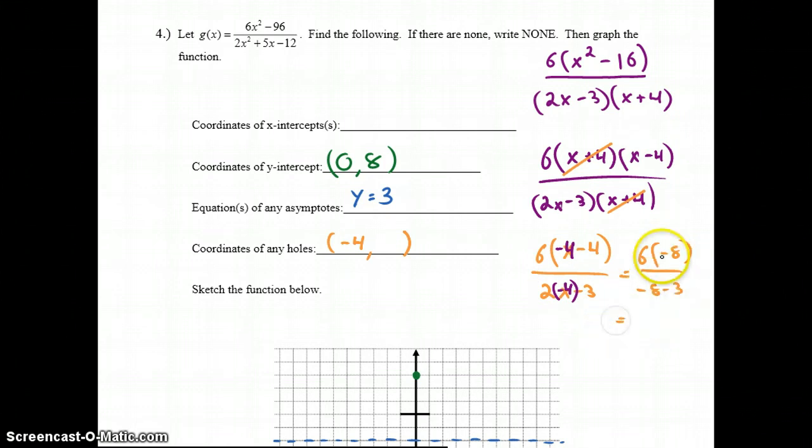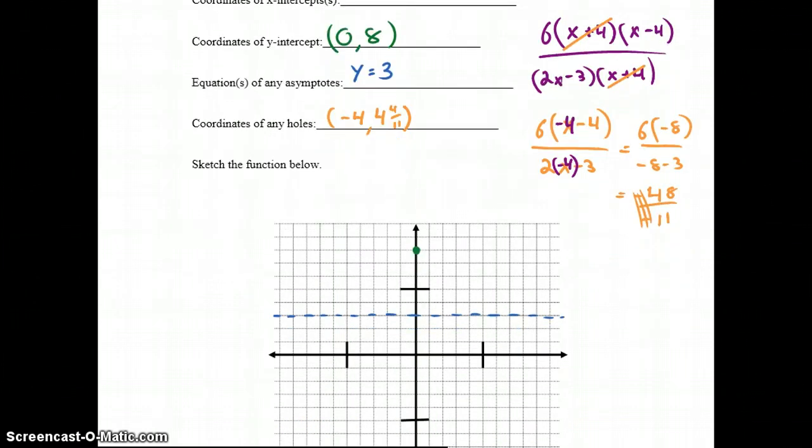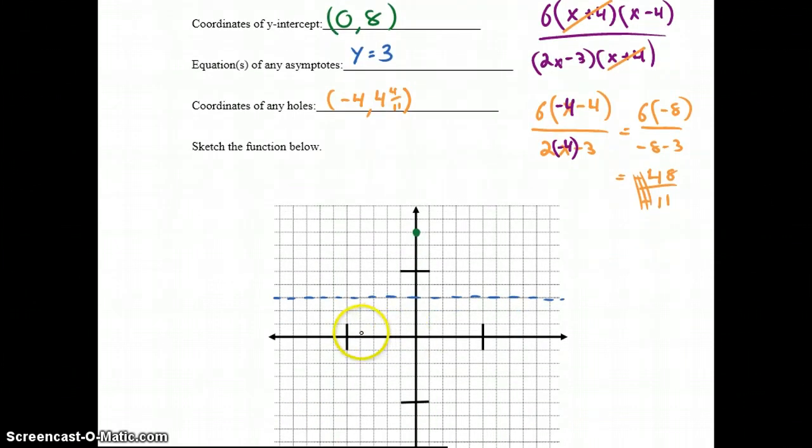That's equal to negative 48 over negative 11, which is 48/11ths. About 4 and a little bit. 4 and 4/11ths. So, let's put a point in at x is negative 4, y is up 4 and 4/11ths. And that right there will be a hole.